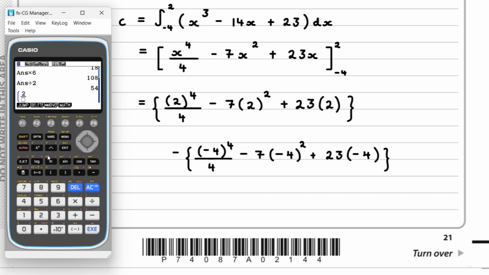We have 2 to the 4 over 4, subtract 7 multiplied by 2 squared, plus 23 multiplied by 2, subtract negative 4 to the 4 over 4, subtract 7 multiplied by negative 4 squared, plus 23 multiplied by negative 4. It turns out we end up with 162.